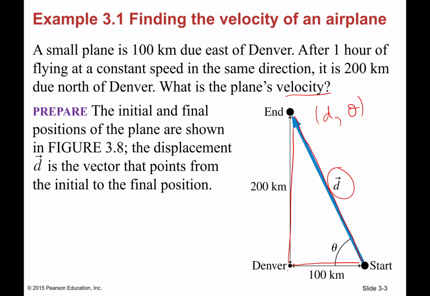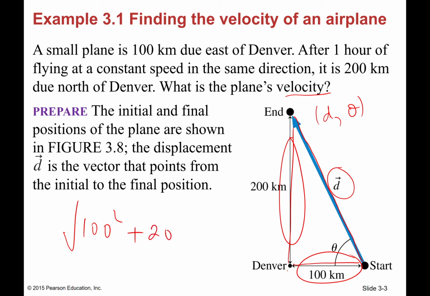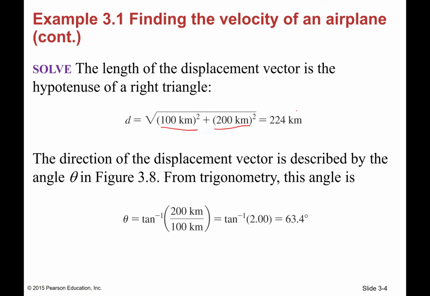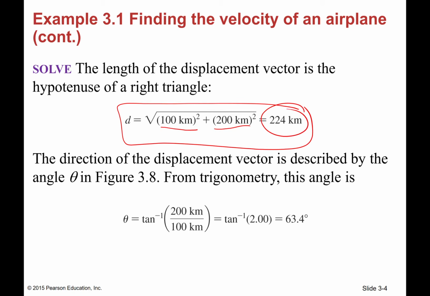This side squared plus this side squared, so that'll be the length of your vector. When we do that math, we get 224.